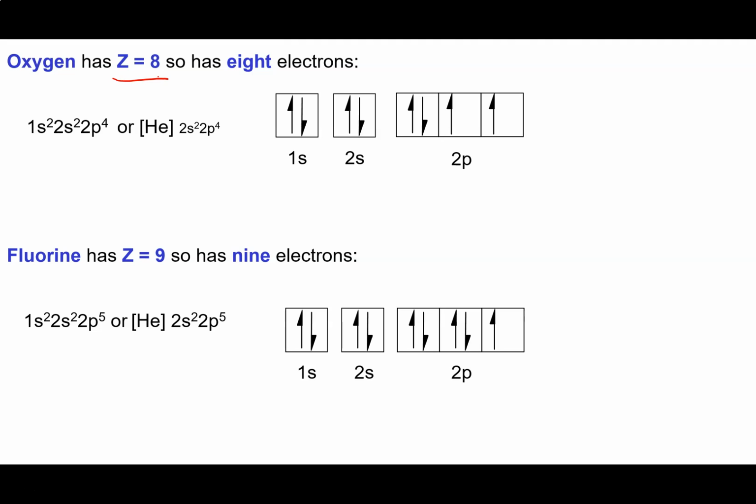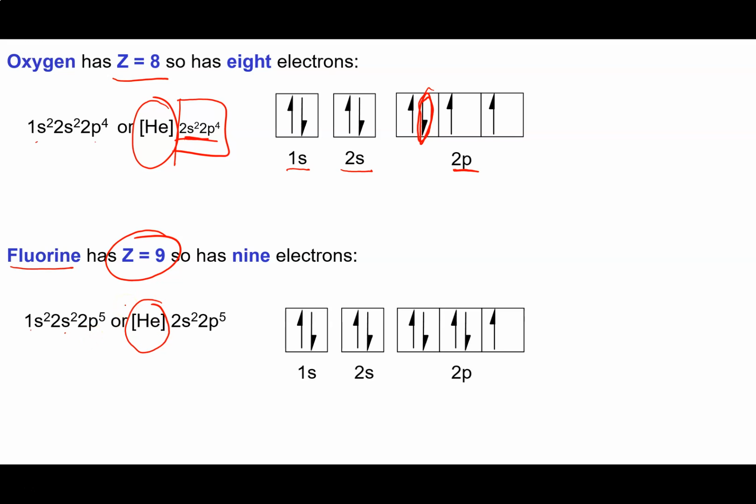Oxygen, 8 electrons, 1s2, 2s2, 2p4. Helium is the preceding noble gas, has 2 core electrons, and then these guys here are my outer electrons. So it's 1s2, 2s2, 2p4. You can see when I put that fourth one in, it goes into the first orbital there, spin down. Fluorine, it's got 9 electrons, 1s2, 2s2, 2p5.